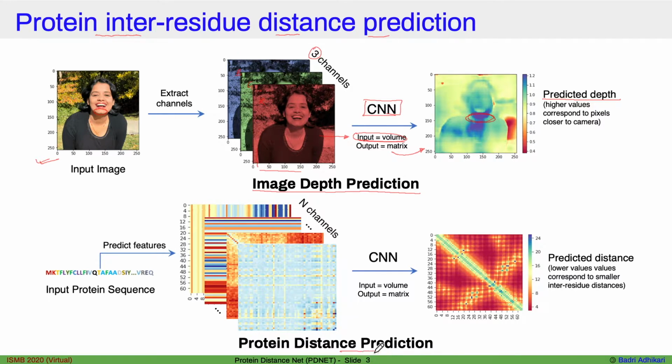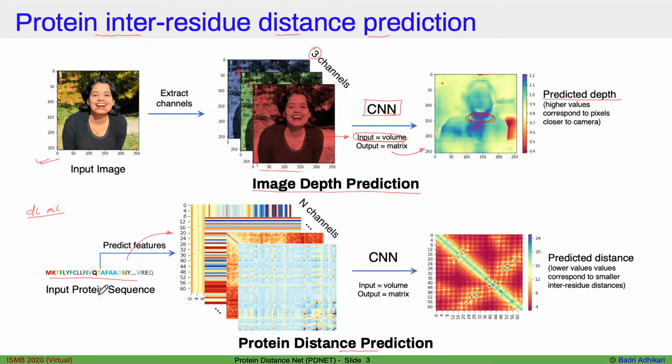The distance prediction problem is similar to this from the perspective of deep learning and machine learning. In case of proteins, what we have is a sequence as input from which we predict many input features. For this project, it's not really important what features we predict because we use some commonly used standard features.